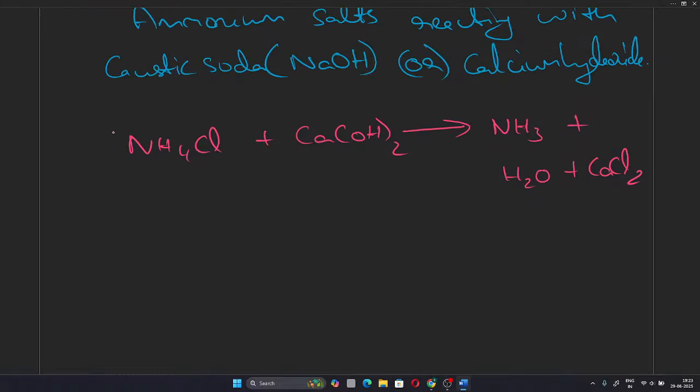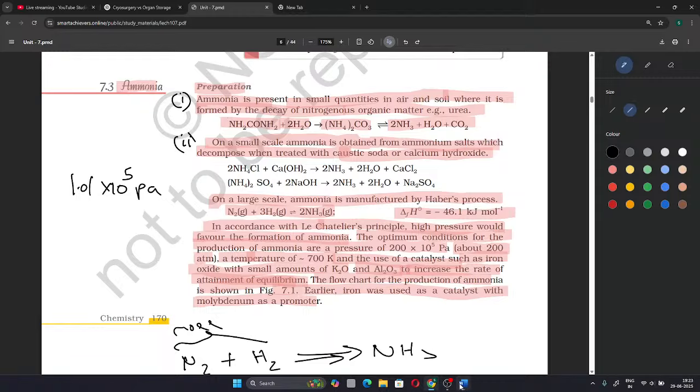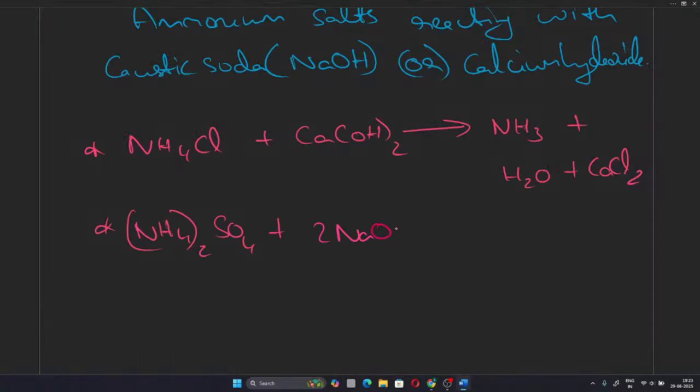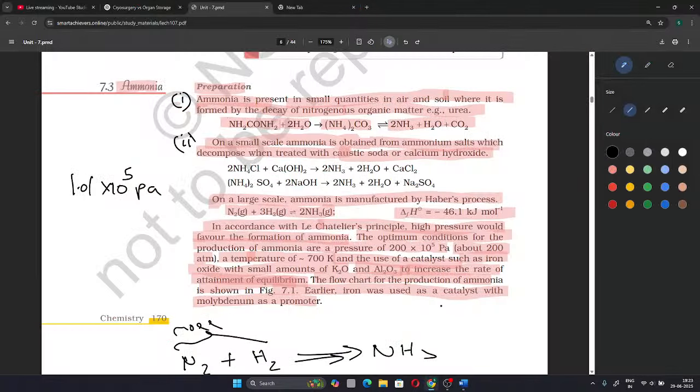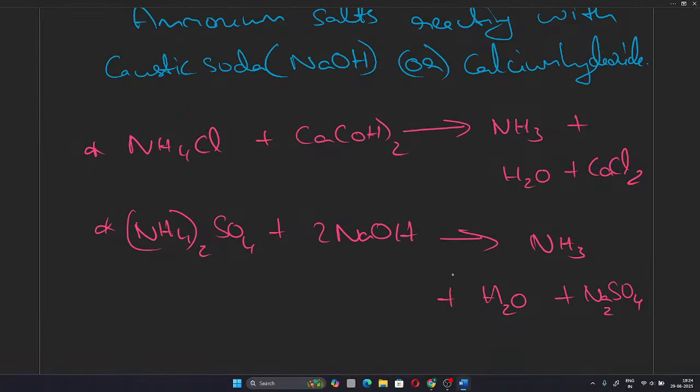And second reaction, ammonium sulfate plus 2NaOH will give NH3, water plus Na2SO4, where here it is 2, 2 and 2.